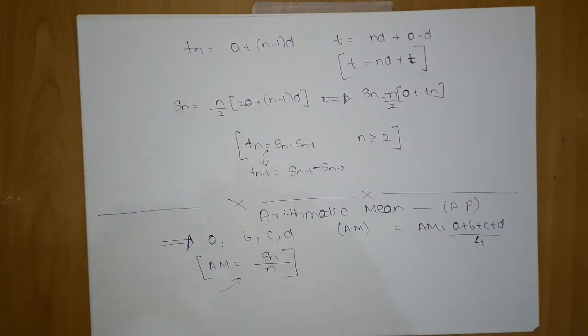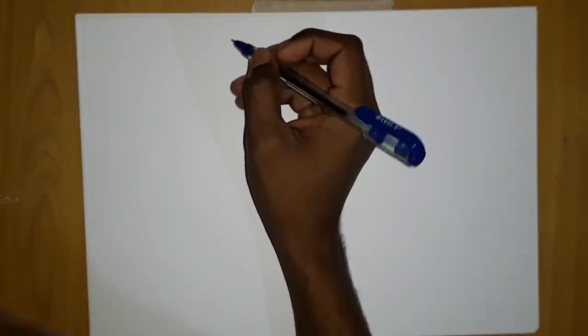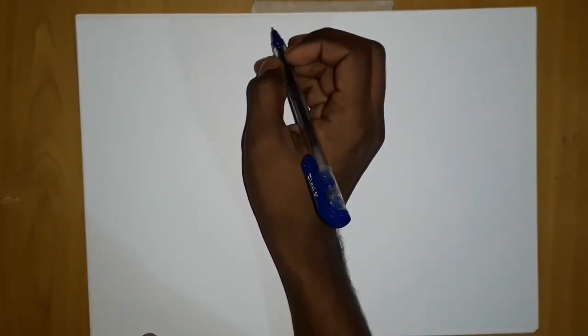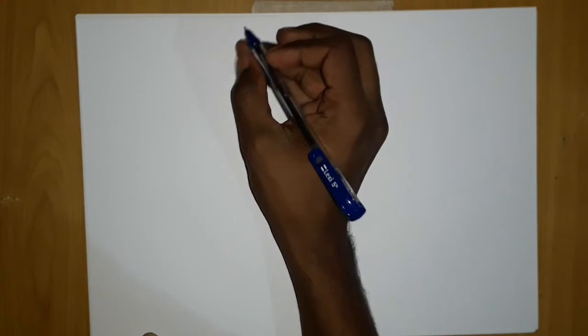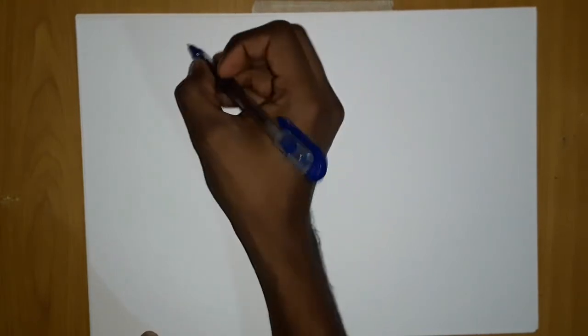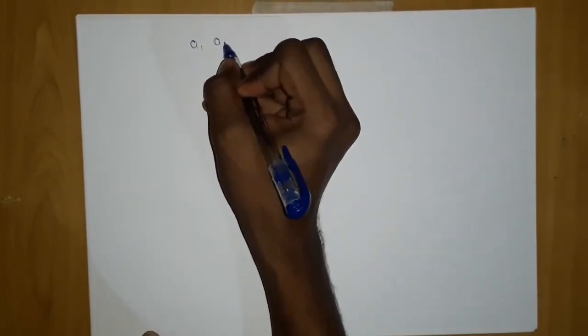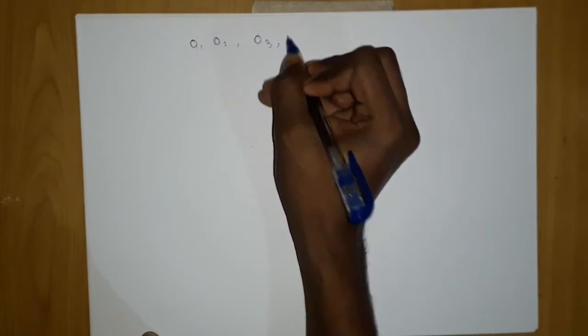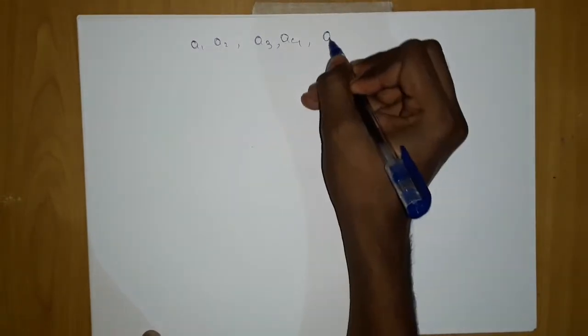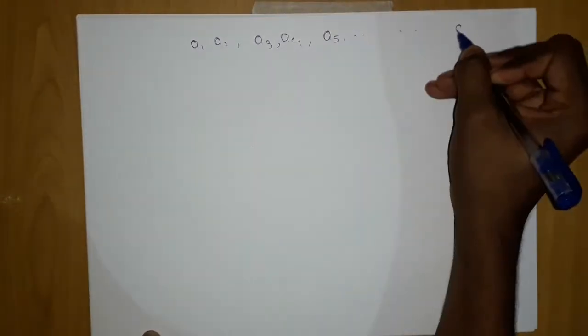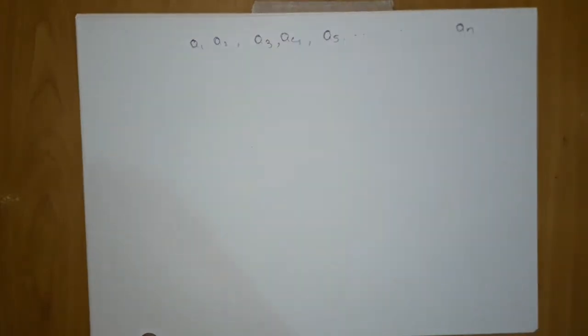Now we will see one more thing, a trap which students don't know. This is the basic knowledge of a college student, and now the things which IIT uses in JEE Mains are as follows. Like if I take a1, a2, a3, a4, a5, till an. Now just see this.